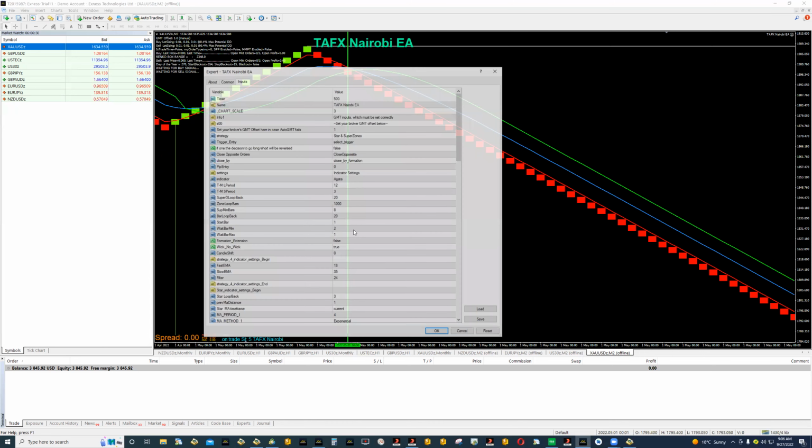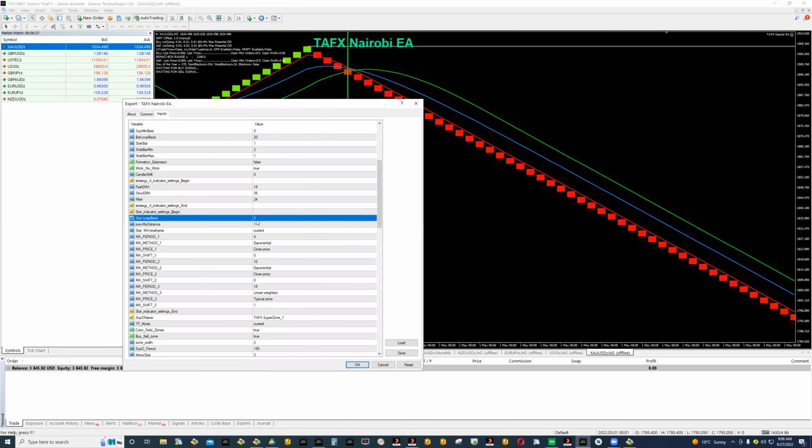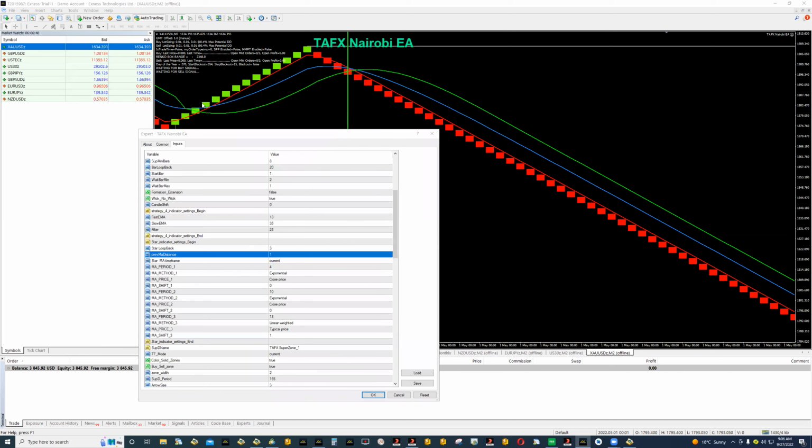All you need to understand here, let us go to our setting. You will find that there is a look back, and here you'll find a distance. This distance is what I'm talking about here. When we go here, you'll find there is a distance of 1 and 2. So if you want the EA to only pick the one with a distance of 0 to 1, you are supposed to put the EMA distance of 1.